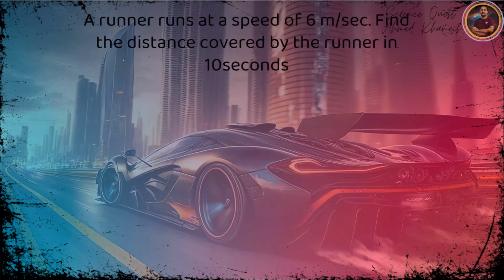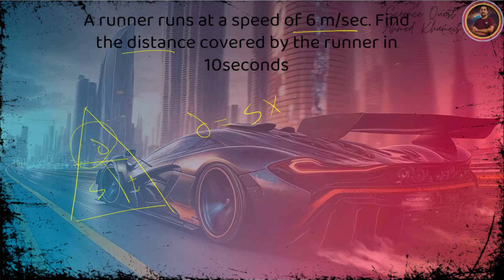A runner runs at a speed of 6 meters per second. Find the distance. Speed equals distance over time, so distance equals speed multiplied by time.